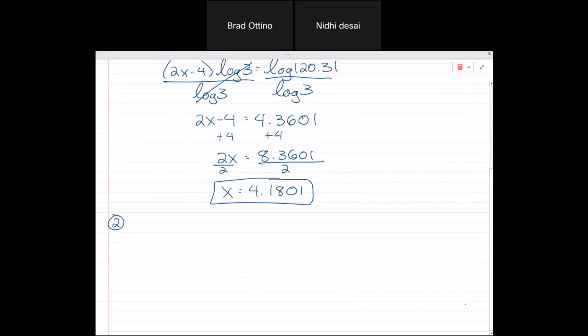Second problem is similar to what we saw earlier with log equations. So let's say we have a model.